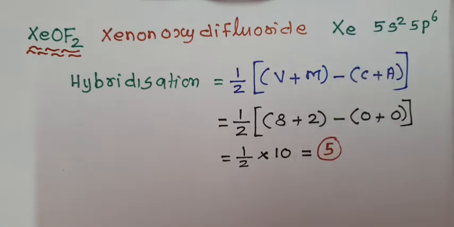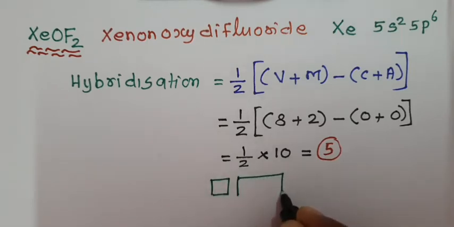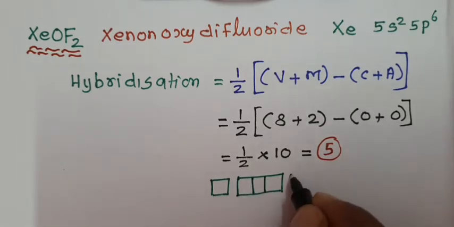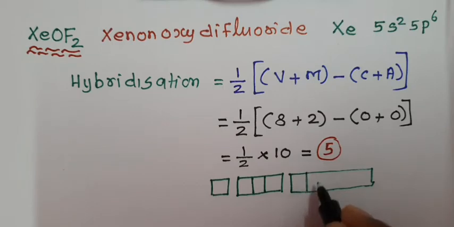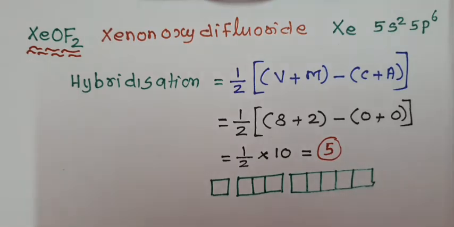If the answer is 5, how do you select the orbitals for hybridization? The s orbital has only one orientation. The p orbital has 3 orientations, px, py, pz. The d orbital has 5 orientations: dxy, dyz, dzx, dx squared minus y squared, dz squared.